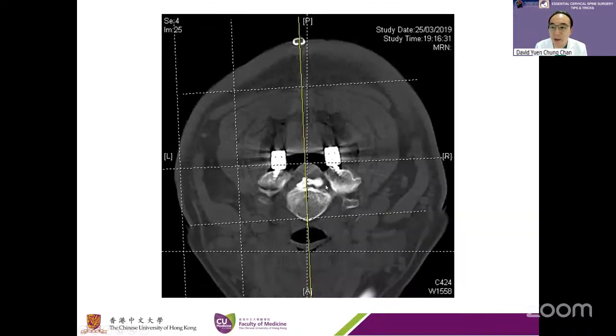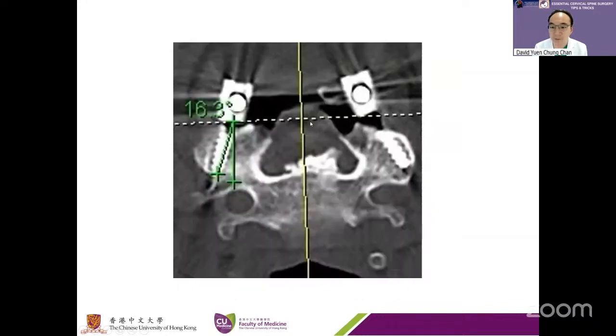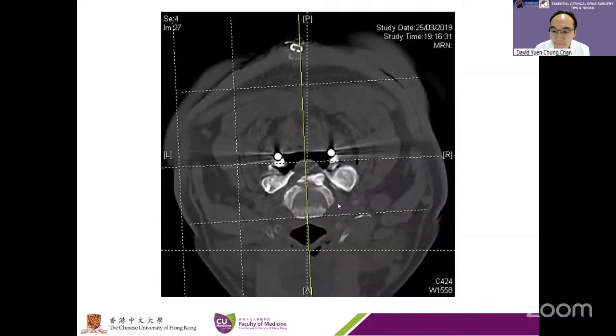So for some other cases, you can see another large OPLL and then adequate decompression. So the patient had improved myelopathic symptoms, but worsening radiculopathy after the initial operation. As you can see, there's still lateral recess stenosis, like in this case.